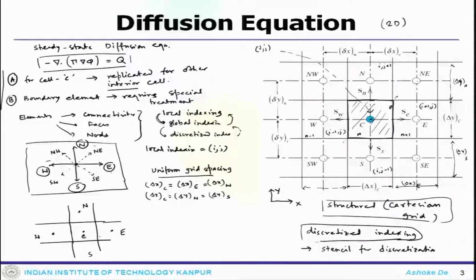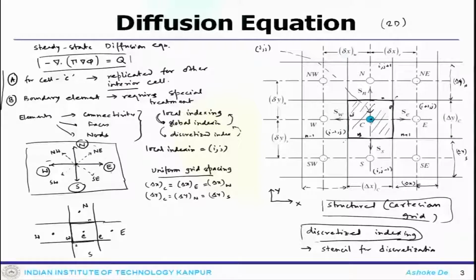So, this face is e, this face is small w because it is connected with the west node, this face would be small s, this face would be small n. So, this would be n, this is s, this is w.